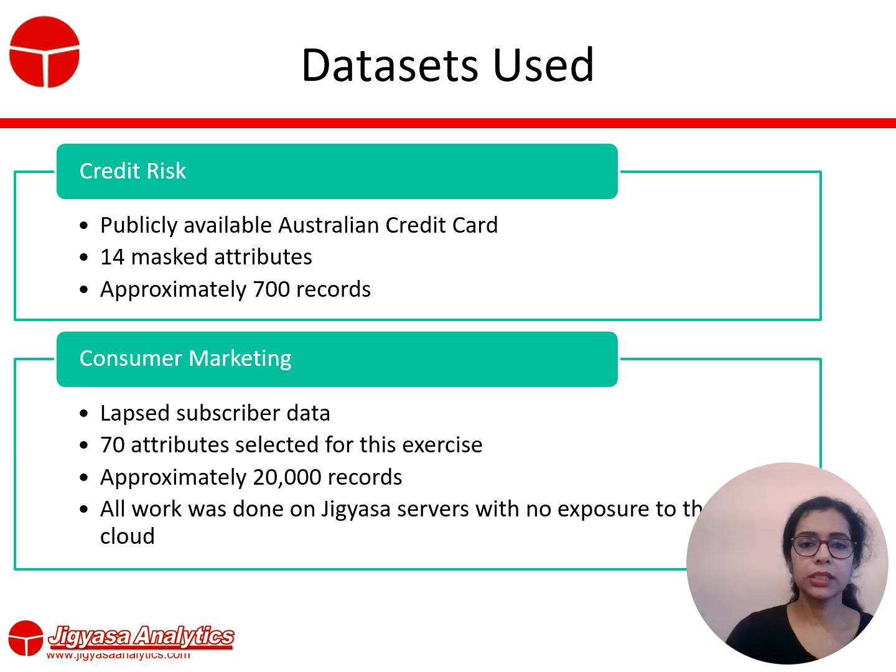The next dataset is from the domain of consumer marketing. It includes lapsed subscriber data with 70 attributes selected for this exercise. This dataset is much larger, containing around 20,000 records. One important point to highlight is that all the experiments were done entirely on Jigyasa's GPU-enabled server, ensuring no exposure to the cloud and maintaining strict data privacy.